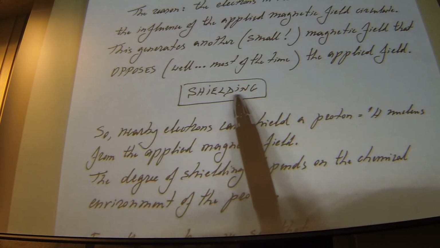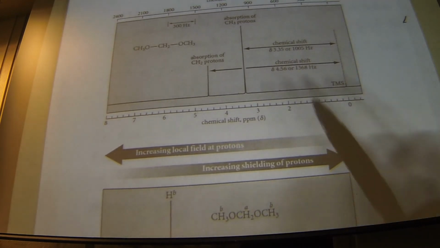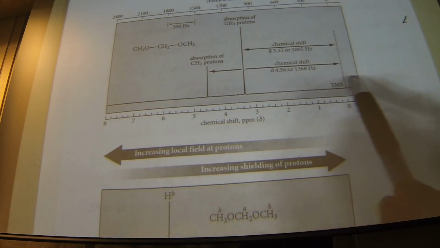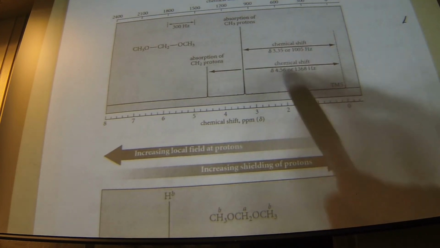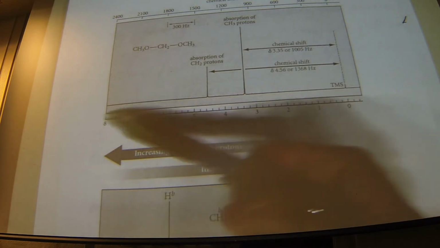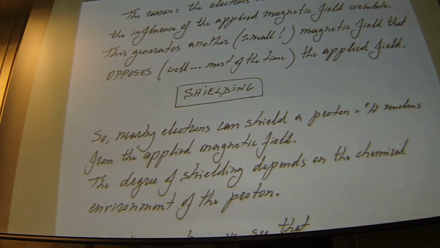This is called shielding. So if I look at protons here, the ones that are over to this side are shielded. Anything that's out here is de-shielded. Shielded on the right-hand side, de-shielded there. You're going to see why that makes sense.